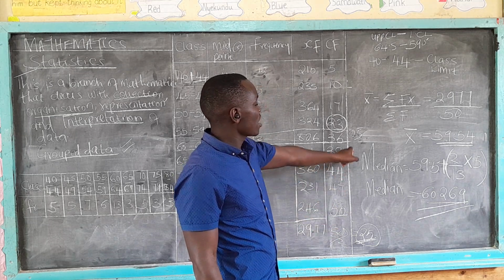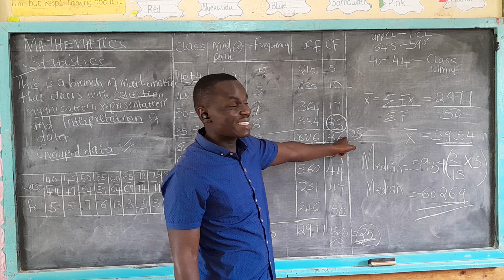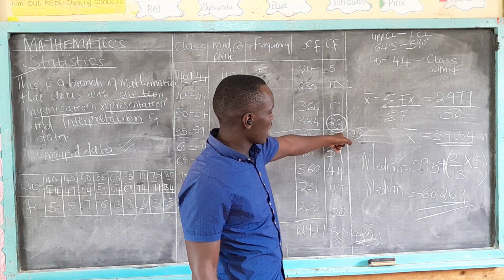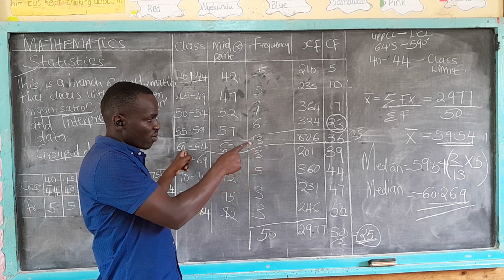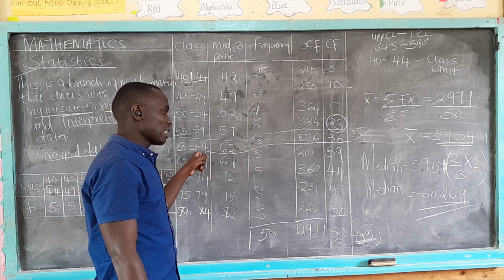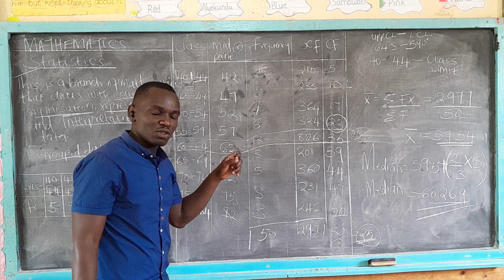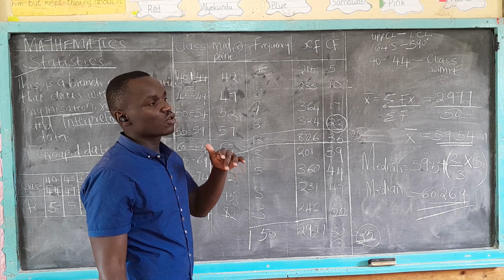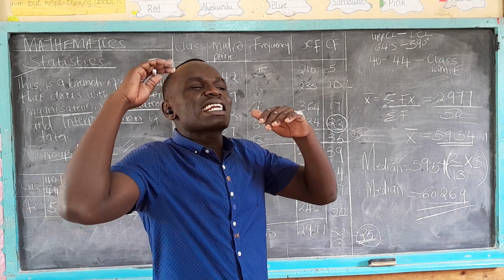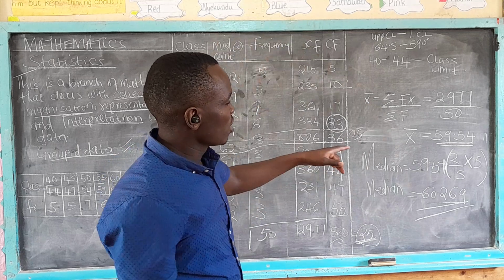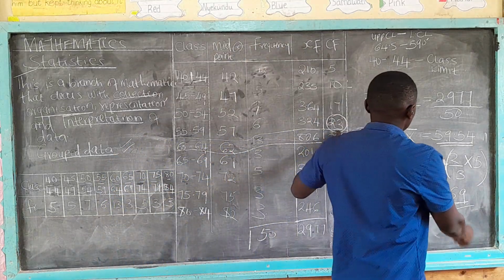You check where your half cumulative frequency lies, then on that row you take the lower class limit, 59.5, and add the difference between your half cumulative frequency and the cumulative frequency right on top of it, which is 25 minus 23, which is 2.